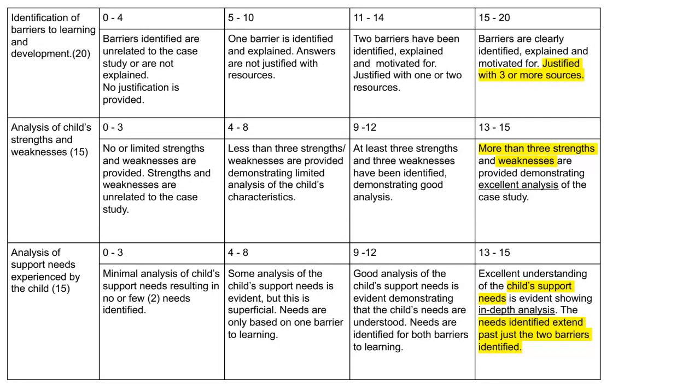Does that make sense to you? I'm literally just touching on things here and trying to give you a little bit of a starting point so that you don't feel too overwhelmed. Again, obviously, guys, these are the headings: identification of the barrier, analysis of the child's strengths and weaknesses, analysis of the support needs. Okay?